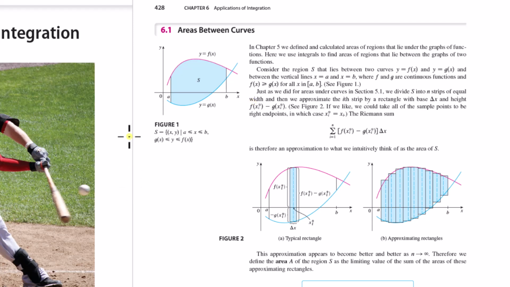We're going to see problems later in this section where y is the independent variable, so we find the area between the curve and the y-axis. In that case, you're breaking up the pieces along the y-axis. It's the independent variable that you break up into equal widths. That's the width.